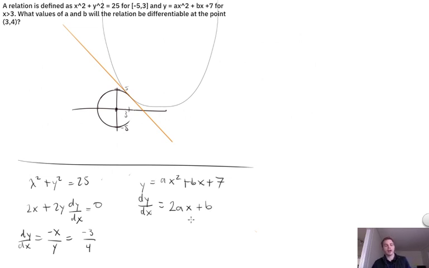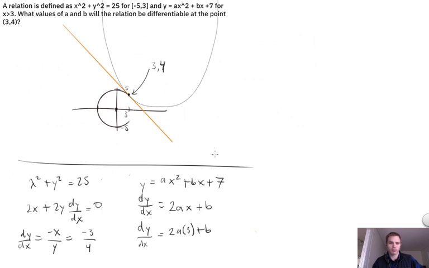Now we have that same point, 3, 4. This is where we want the slope to be equal to negative 3/4. So we just plug in 3 for this x here. So the derivative of y with respect to x is equal to 2 times a times 3 plus b.